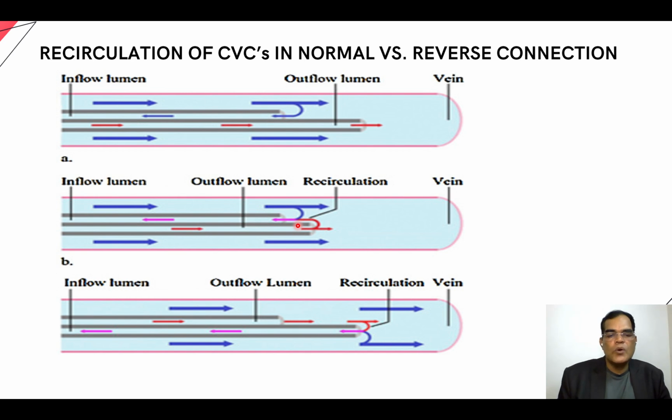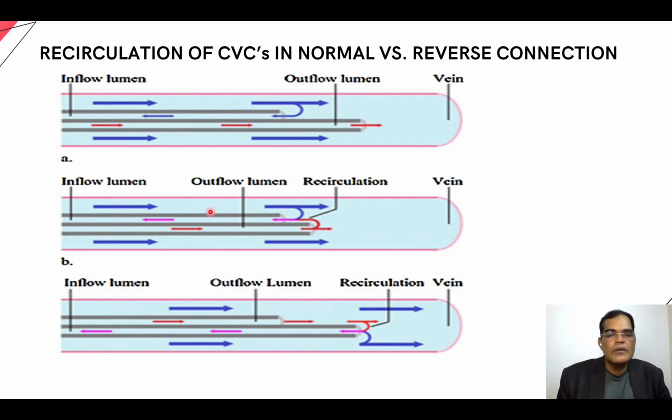What happens is that part of the blood coming back from the dialyzer, the so-called purified blood, again passes into the arterial lumen. That's called recirculation. This is common, normally up to 6 to 8%, which is okay and cannot be avoided in most situations.